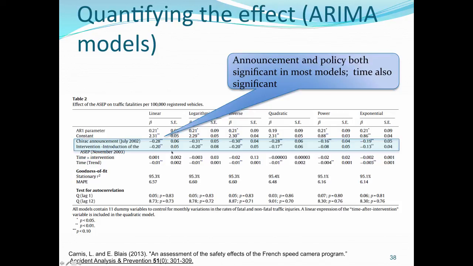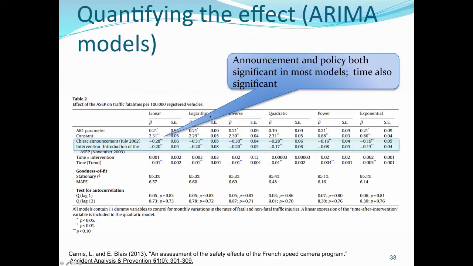And what you can see here is a statistical analysis that shows that the announcement by Chirac was associated with a reduction in traffic fatalities per 100,000 registered vehicles, and similarly that the intervention itself was associated with a reduction.